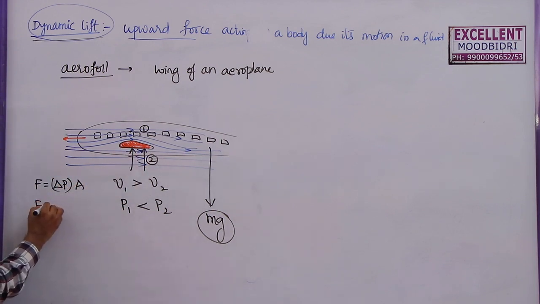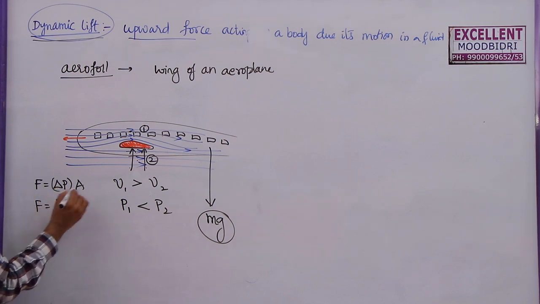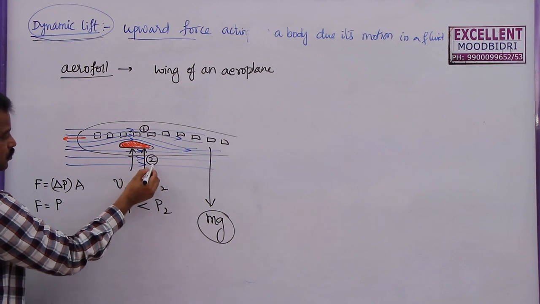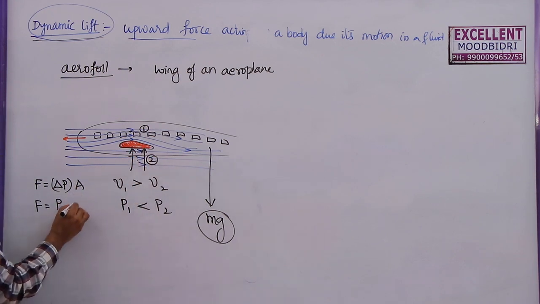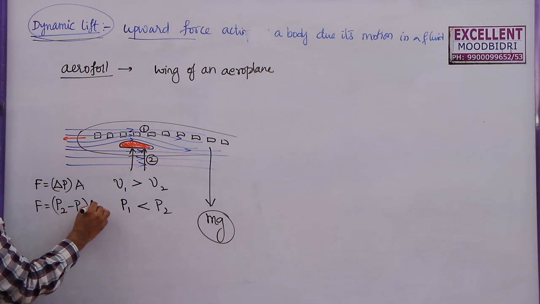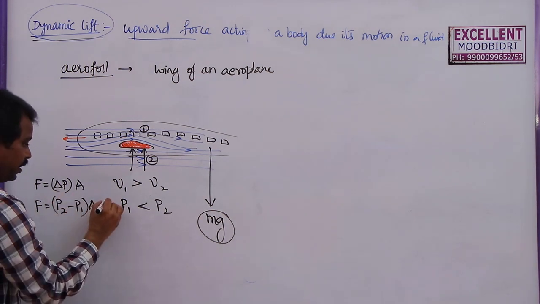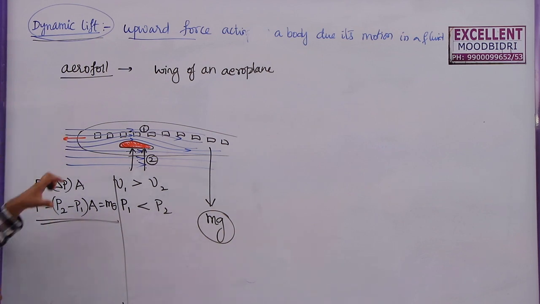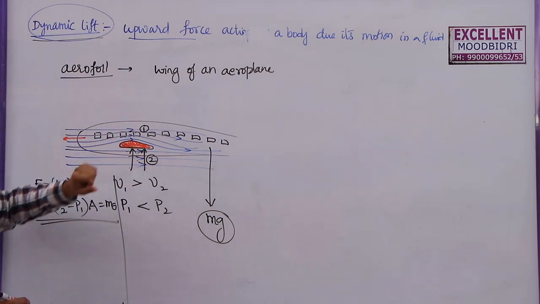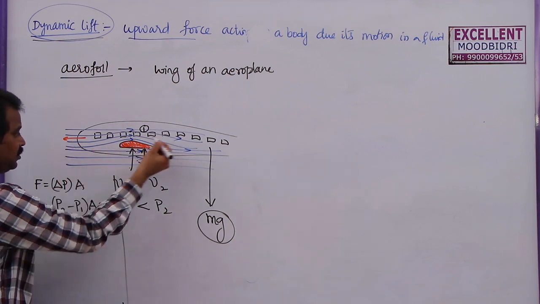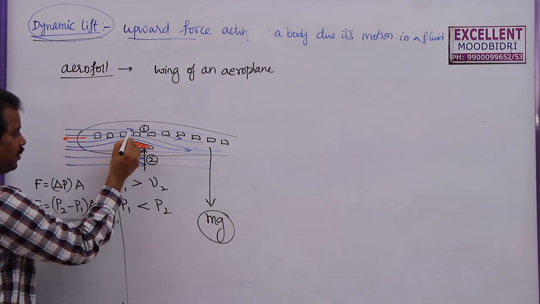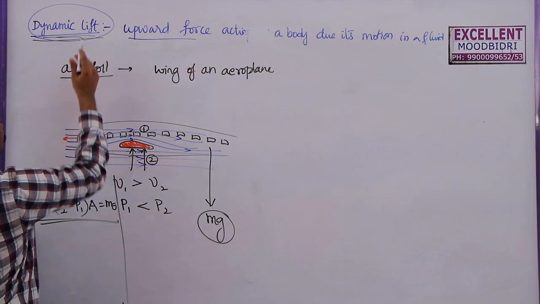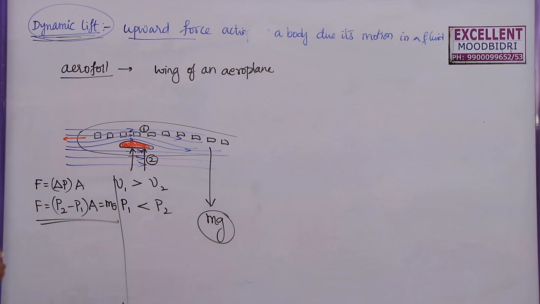That's why this F is given by the pressure acting upwards, which is below the wing: F = (P2 - P1) A. If it is equal to the weight of the aeroplane mg, then this aeroplane is said to be in equilibrium. So by creating higher velocity above the wing, it is able to produce the required dynamic lift to keep the aeroplane in equilibrium.